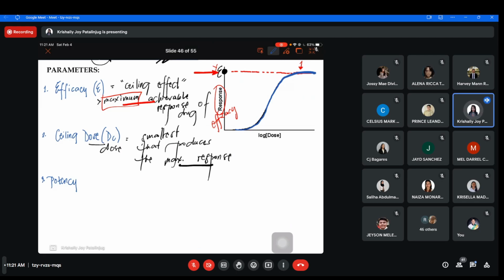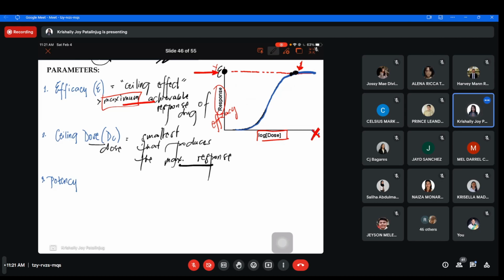So when it's dose, you have to plot it down, because the dose is on the x-axis. I labeled the dose again, right? This is the dose. So if this is the efficacy, the maximum response, you plot it down from here.